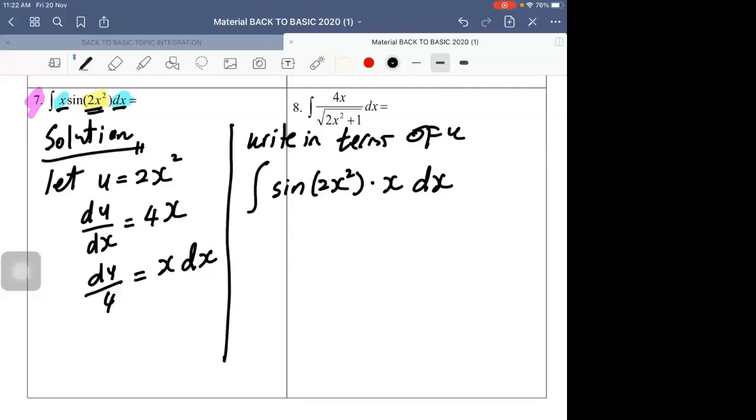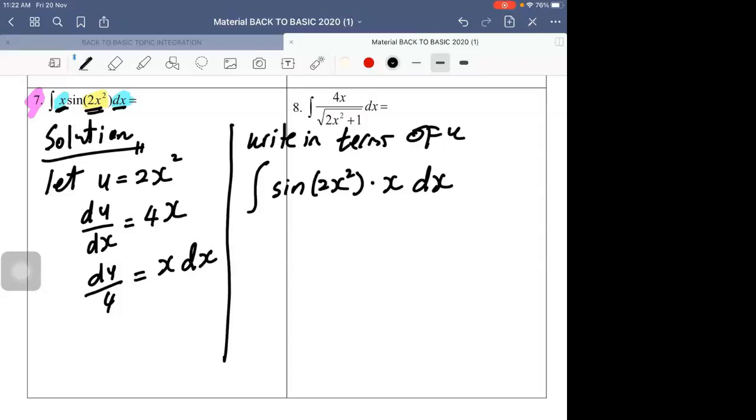Even though I have x in front here, in order to rewrite so that it's clear for me to insert my u, I can change the position. Means that a multiplied with b equals b multiplied with a. Sebab tu kita kata 2 darab 5 sama dengan 5 darab 2. It's okay to change the position of two functions in multiplication.